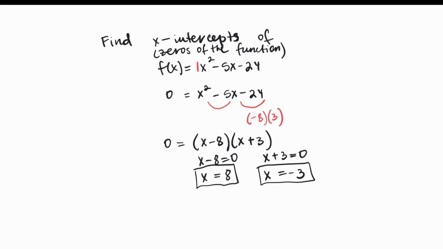If the question is asking you to find zeros of the function, the procedure is exactly the same, and you give your answers the same way. I have mine boxed, x equals 8 and x equals negative 3. If the question is asking you for x-intercepts of the function, then oftentimes you will be asked for a point: 8, 0 and negative 3, 0.